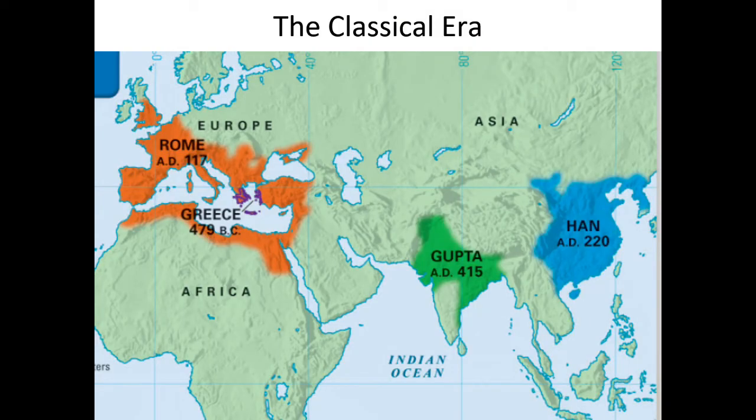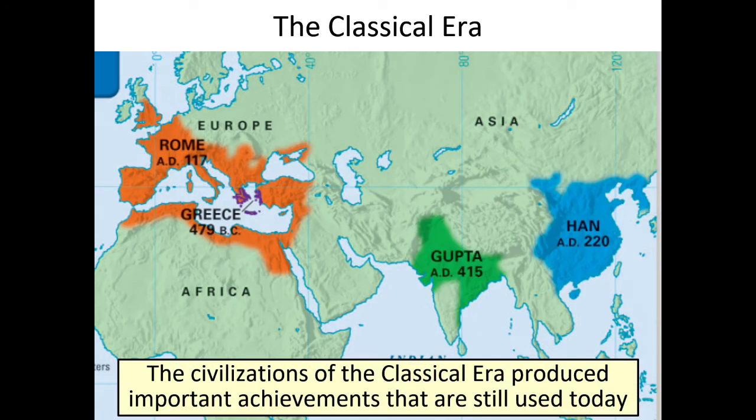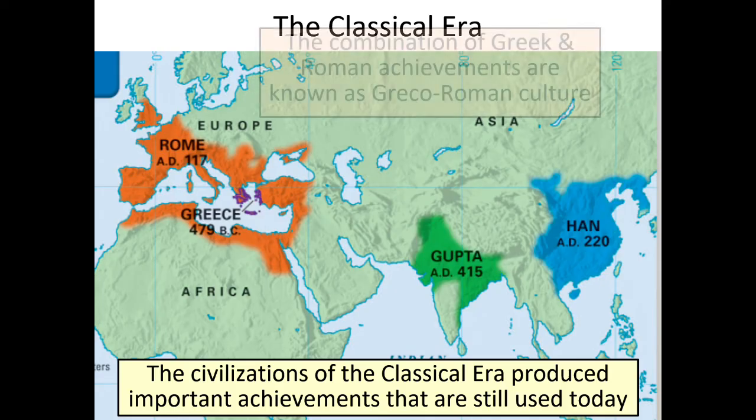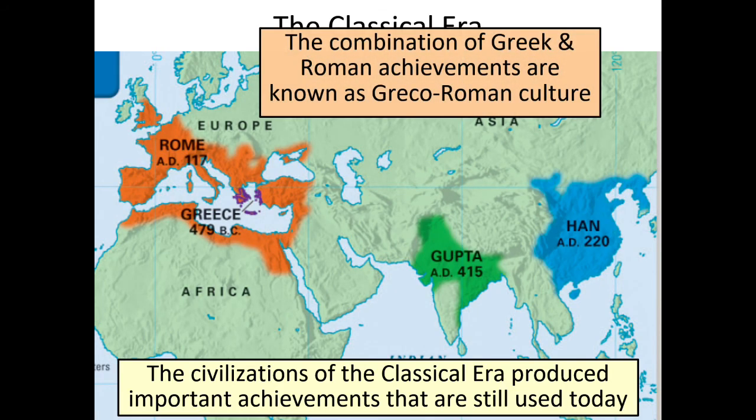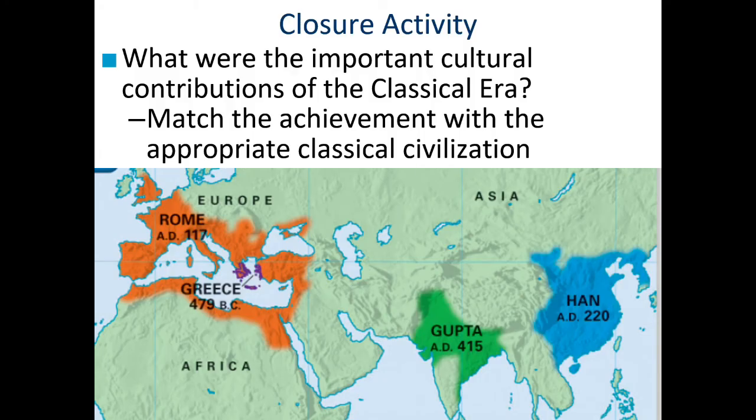This is a map of the empires that we're studying in the classical era. The civilizations of the classical era produced important achievements that are still used today. The combination of Greek and Roman achievements are known as the Greco-Roman culture, and you can see that they're on the left in the orange and the purple. What were the important cultural contributions of the classical era?